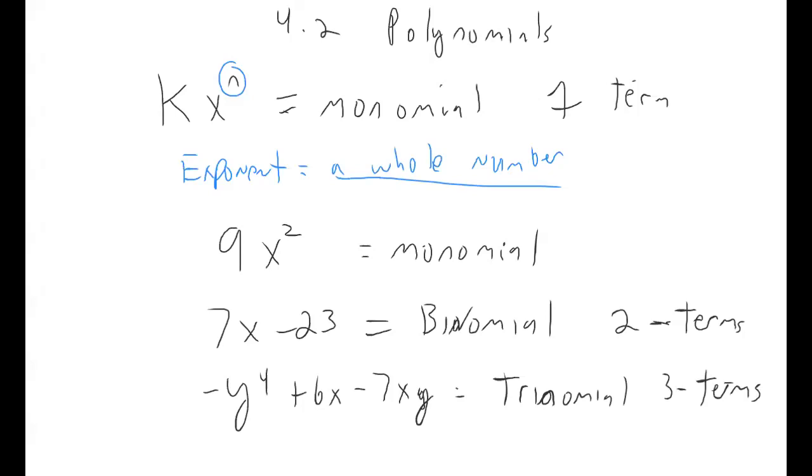So I want to stop there, but they keep going. So this is what we got to understand, what polynomials are. And the big takeaway is this: the exponent has to be a whole number.